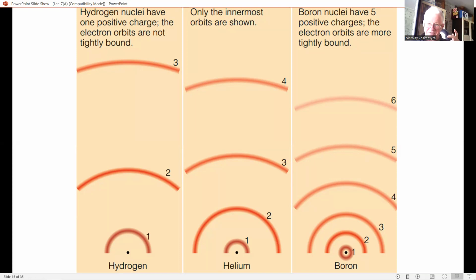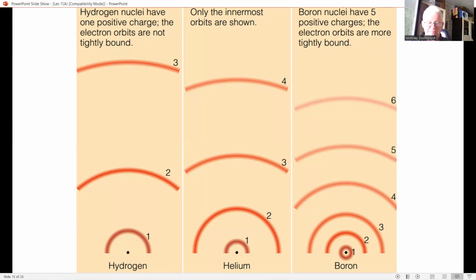Do you understand? Okay? And the electron can occupy any permitted orbit, but no orbit in between. The arrangement of permitted orbits depends primarily on the charge of the nucleus, which in turn depends on the number of protons. Consequently, each kind of element has its own pattern of permitted orbits.